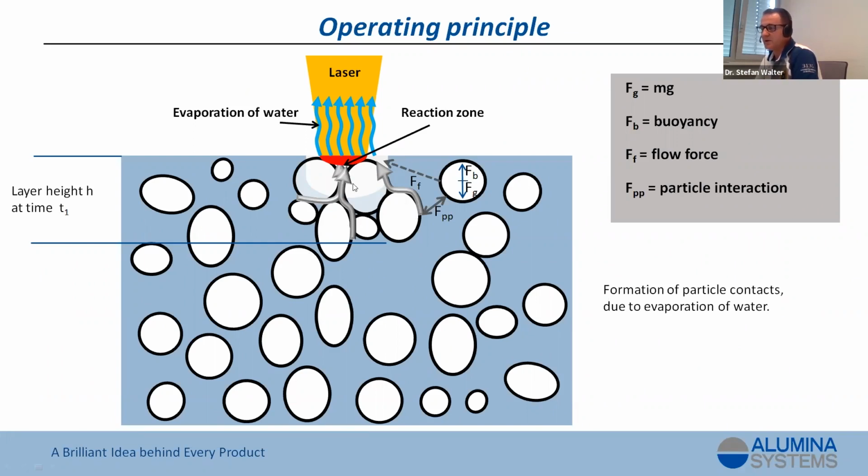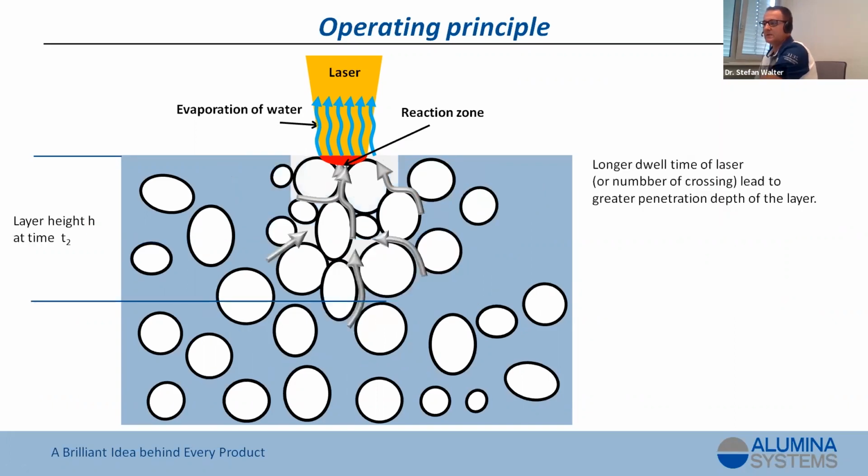The particles move next to each other, and according to the binder and different additives, they start to stick together and contact each other. And if you do this several times, a longer dwelling time of the laser or a number of crossings lead to greater penetration depth of the layer. So you see the layer height is increasing.